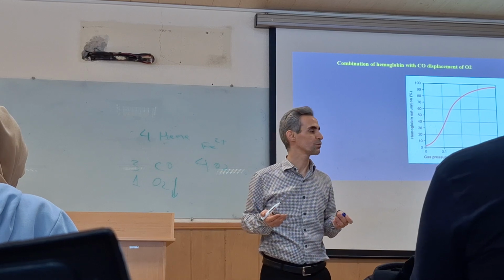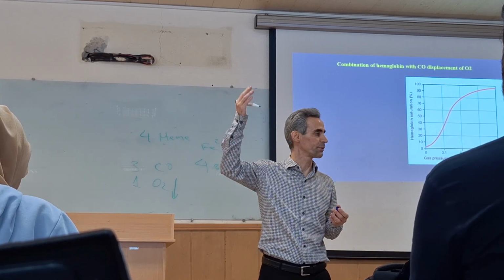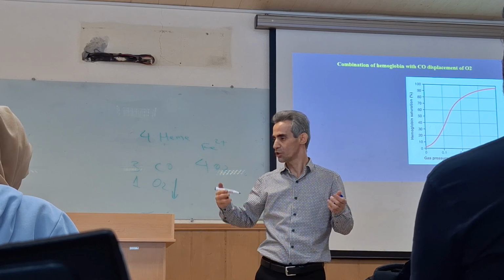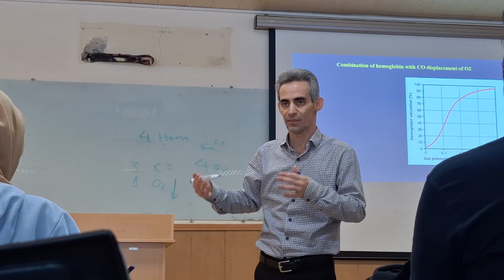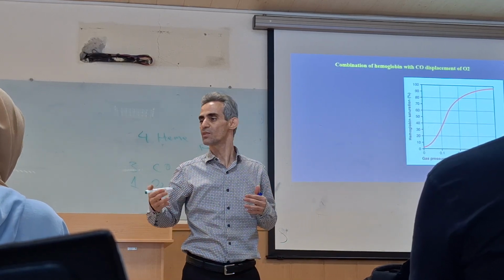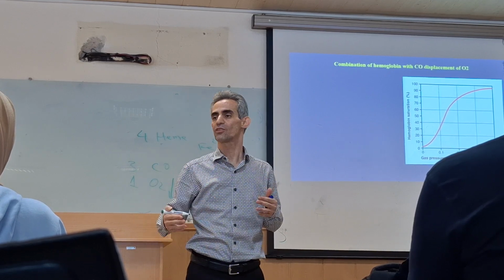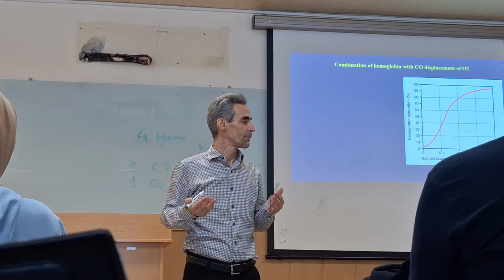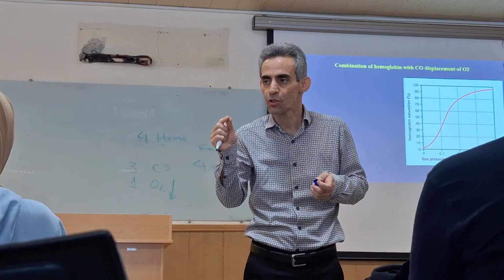For treatment of carbon monoxide poisoning, it's better we use pure oxygen at high pressure. In hospital, in clinic, for treatment of a patient with carbon monoxide poisoning, at first we use pure oxygen at high pressure. In addition to oxygen, we use a little carbon dioxide.